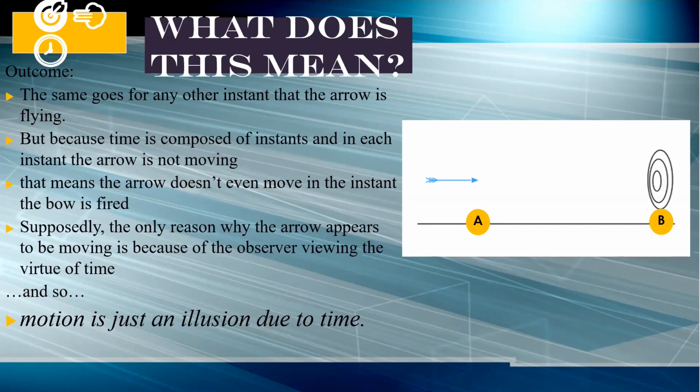The only reason why we perceive motion to exist is because time exists. And so through the understanding of time, or through the way that we in reality perceive time, we think we see motion, but it's really just an illusion. Every motion is really just a combination of singular instants in time where motion is impossible within each instant.